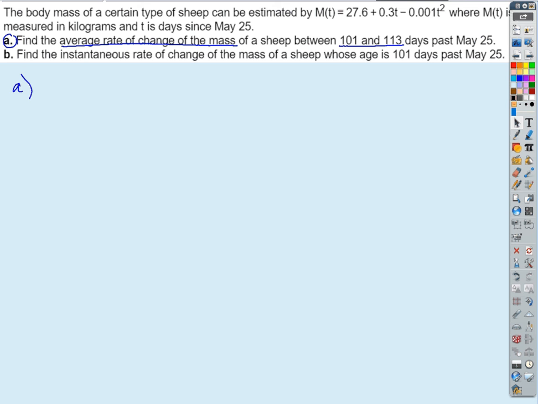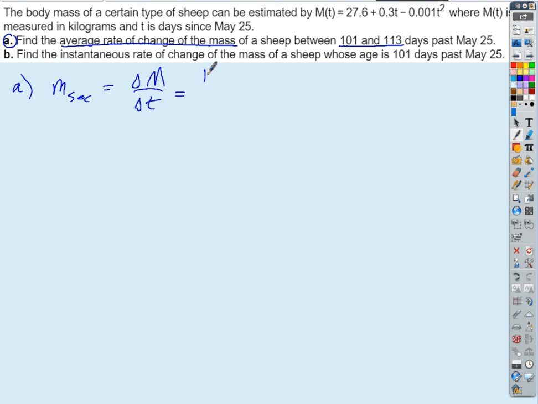Okay, so in this case, the slope of the secant line is just going to be the change in y. Well, it's not y in this case, it's m, right? Over the change in x, but it's not x in this case, it's t. Change in the output over change in the input. What's the change in m?